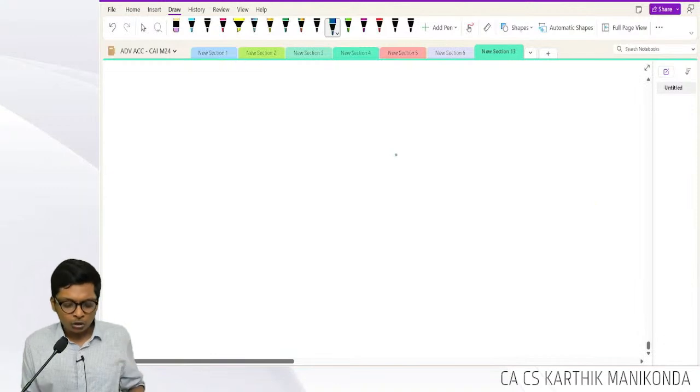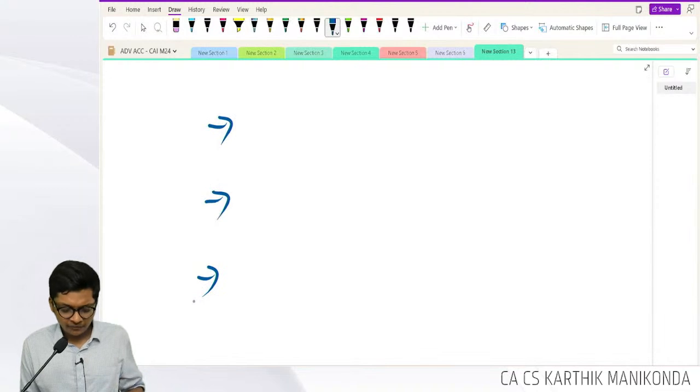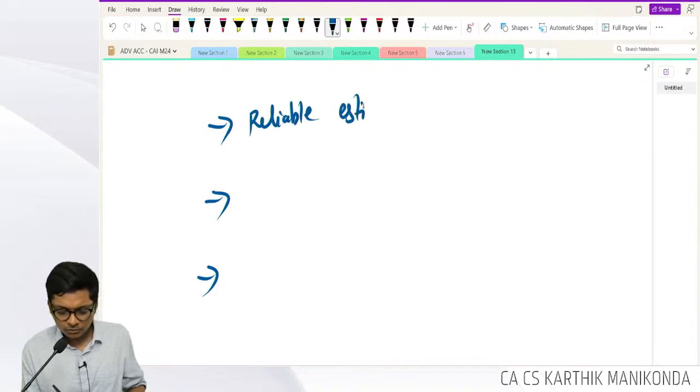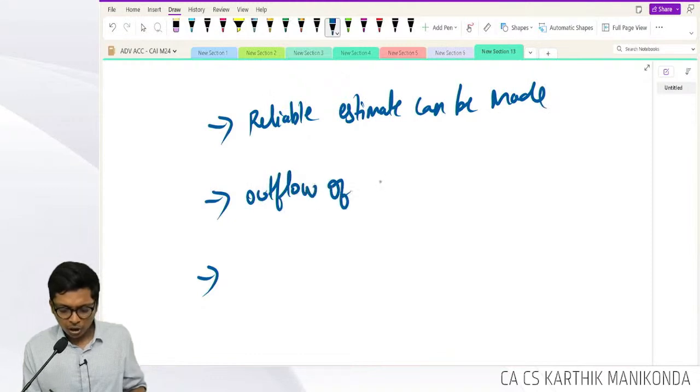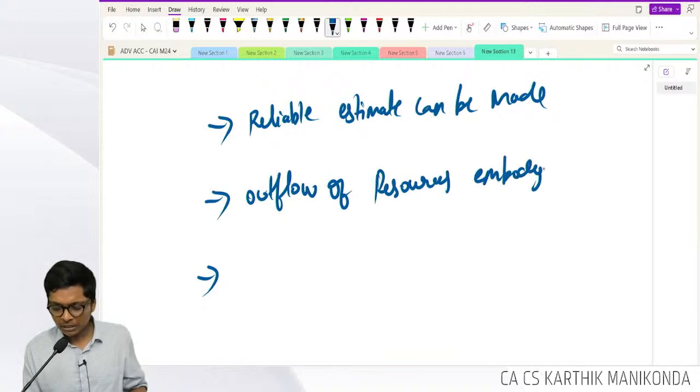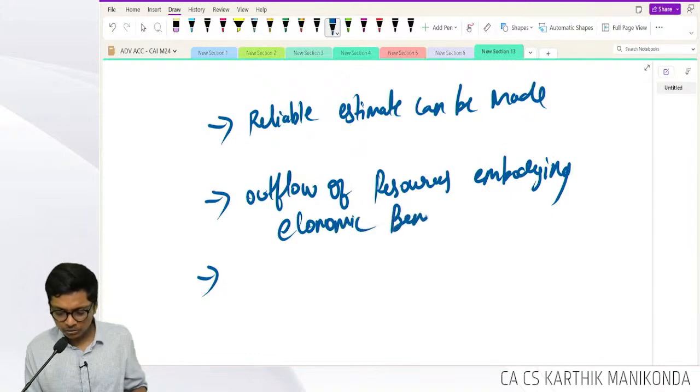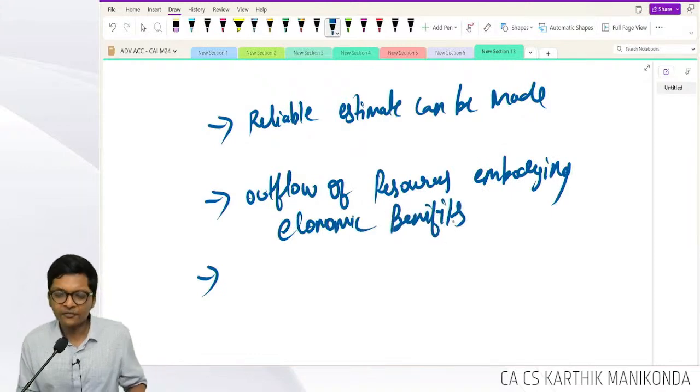3 key points, what to remember for exam. Account for a provision when provision is an estimate where reliable estimate can be made. There is going to be outflow of resources embodying economic benefits.